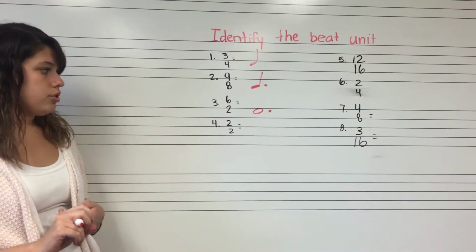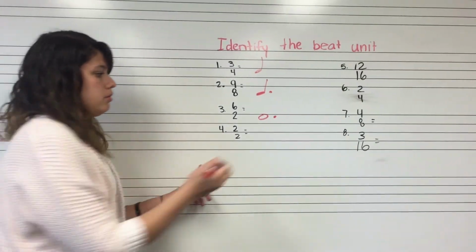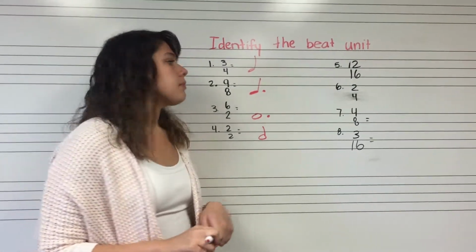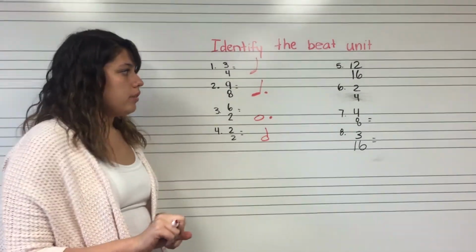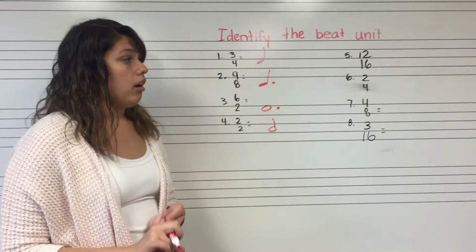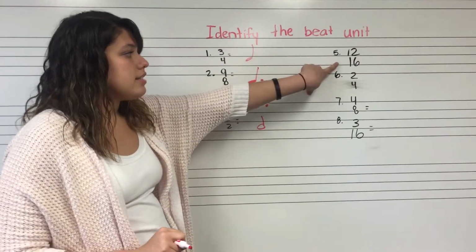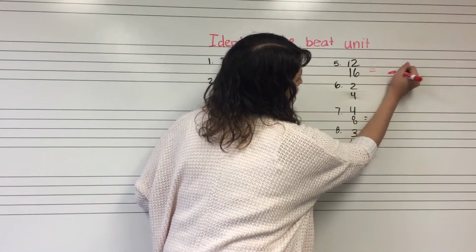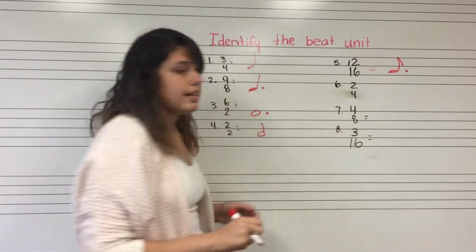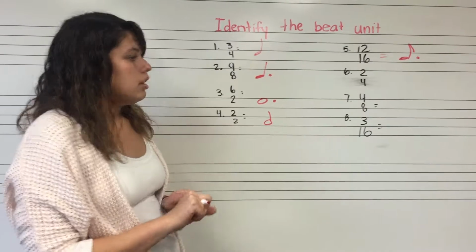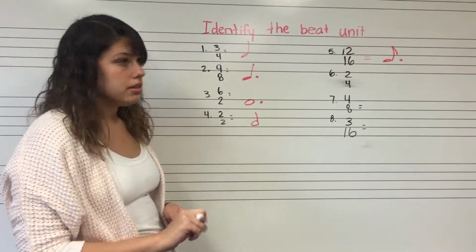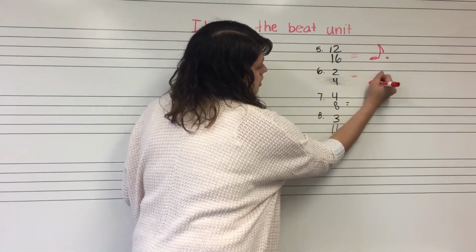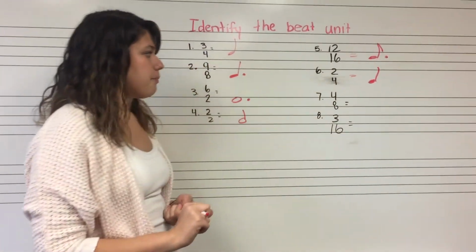Number 4, 2/2, simple. Therefore, a half note is our beat unit. Number 5, 12/16, compound. Therefore, 3 sixteenth notes equal our beat unit. So our beat unit is a dotted eighth note. Number 6, 2/4, just like number 1, the beat unit is going to be a quarter note.